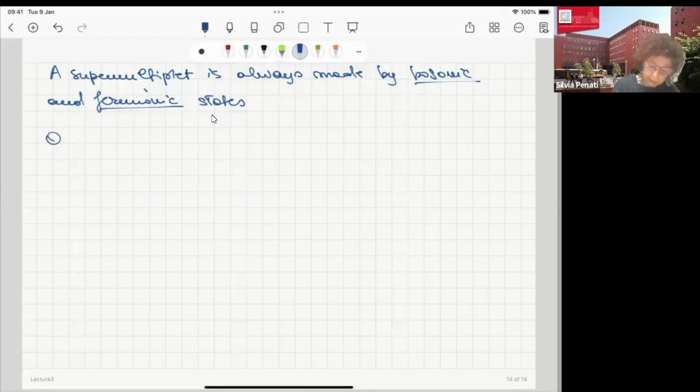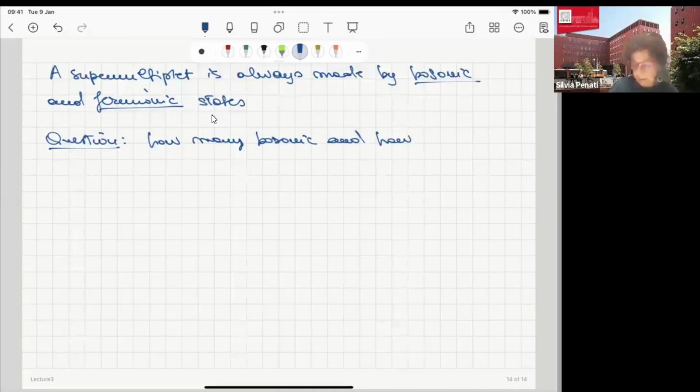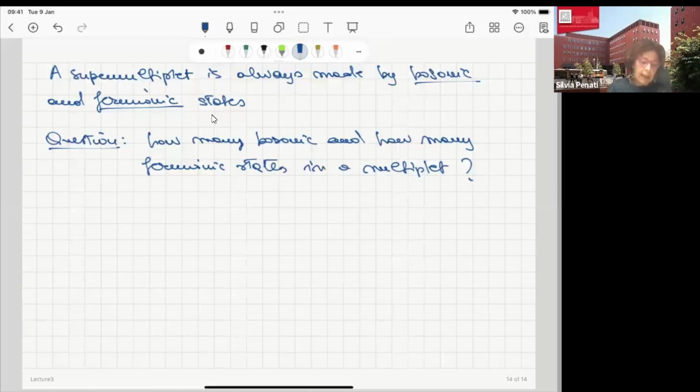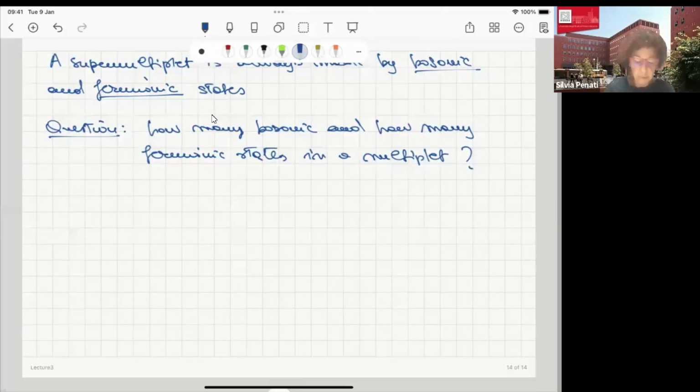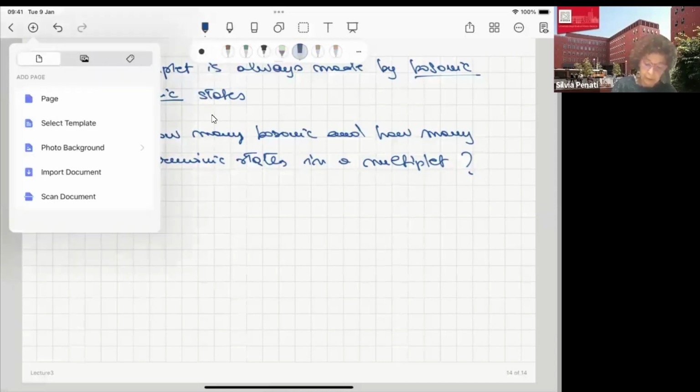So the question is, how many bosonic and how many fermionic states in a multiplet? I can answer this question without making any reference to the particular multiplet that I am considering, but just, as I said, just exploiting properties of the supersymmetry algebra.